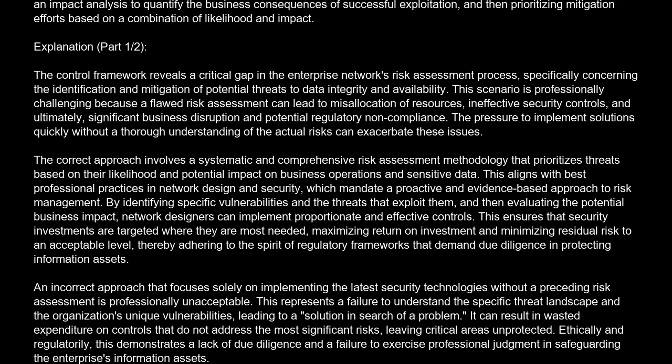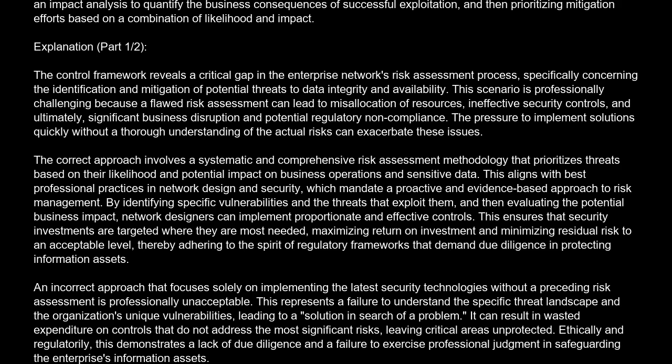The correct approach involves a systematic and comprehensive risk assessment methodology that prioritizes threats based on their likelihood and potential impact on business operations and sensitive data. This aligns with best professional practices in network design and security, which mandate a proactive and evidence-based approach to risk management.